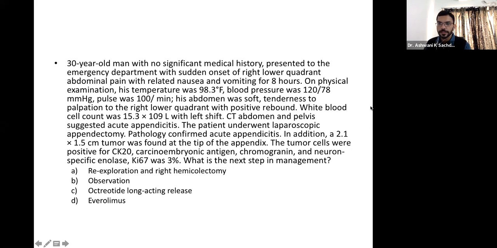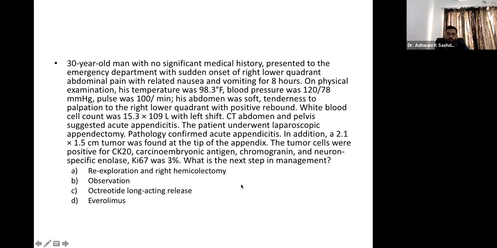The answer is B, long-acting release octreotide. So it is a case of neuroendocrine tumor.